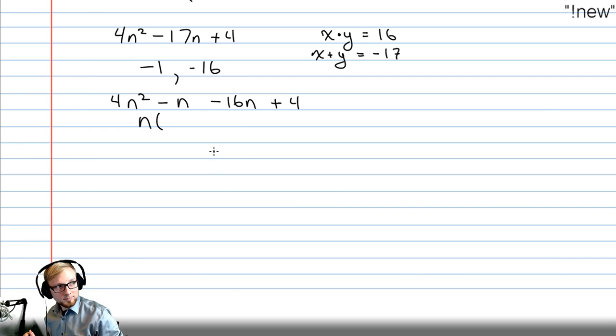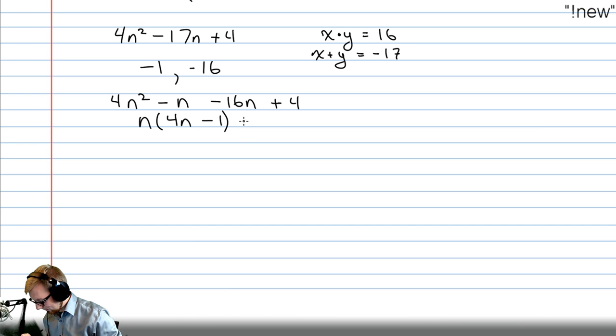So wait, you have n on the outside, parentheses n minus 4. Try that again. You take out an n, what are you left with on the inside? 4n. Thank you. 4n what? Minus 1. Good. And then you take out 4. So it'd be minus 4.